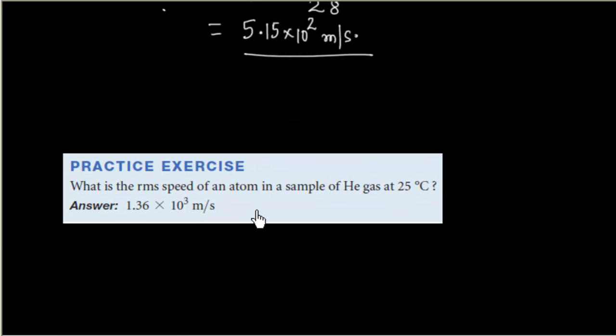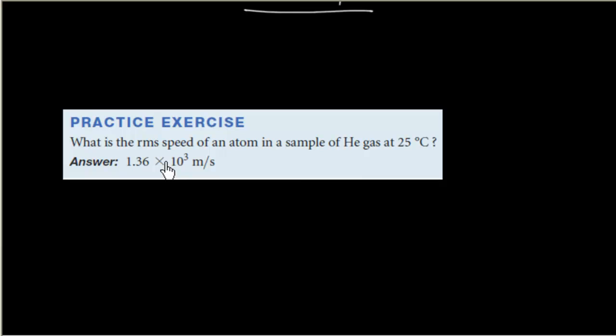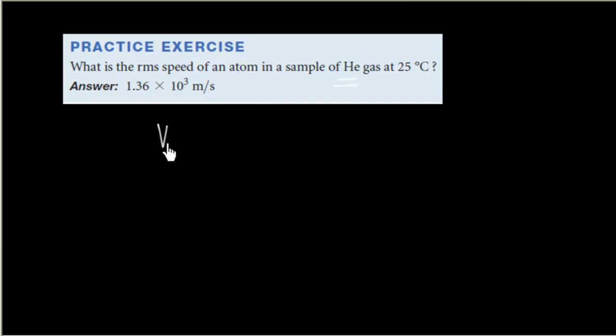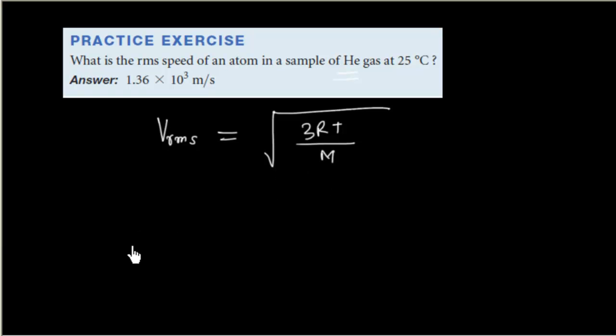Similarly, let us try this problem. What is the RMS speed of an atom of helium gas at 25 degrees centigrade? You have to follow the same steps. Vrms is given by the formula under root 3RT by molecular mass. Everything we have to write in SI units.